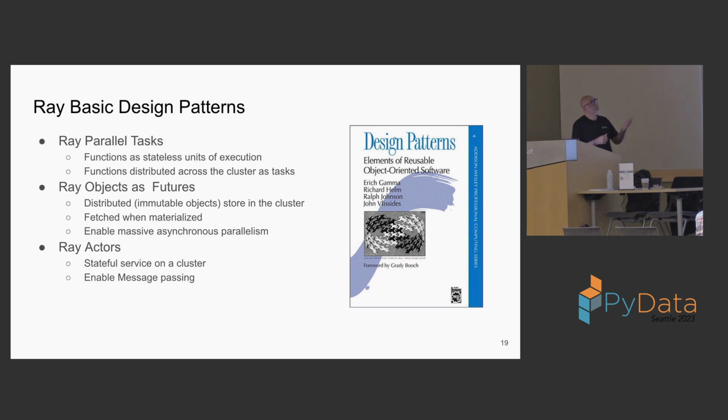And this ability to do things asynchronously allows you to parallelize stuff. So with the combination of parallel Ray tasks and the ability for the tasks or actors to create these futures as objects that they might return, they are stored in the object store. So we can just schedule something, it will go and do the task, and when the task is ready, you can go and fetch it.